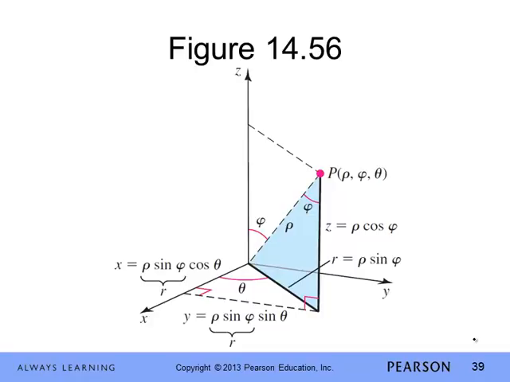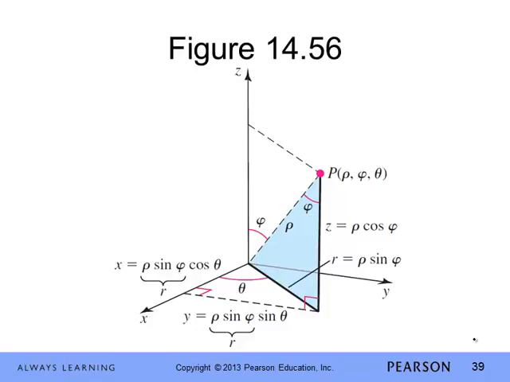Now, we were talking about cosine of phi. The sine of phi is going to be this distance up here. You see where I'm pointing? Sine of phi is going to be this distance here divided by rho. Meaning that's the same distance that you see here on the xy plane. If you were to project this point down on the xy plane, then rho sine phi is what measures the distance between the origin and this point projection.